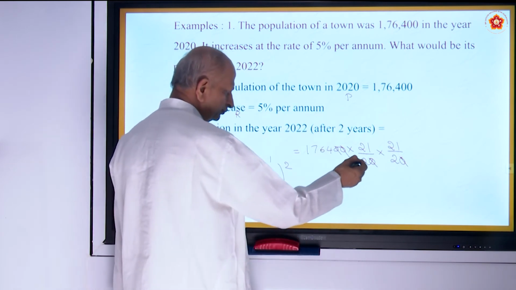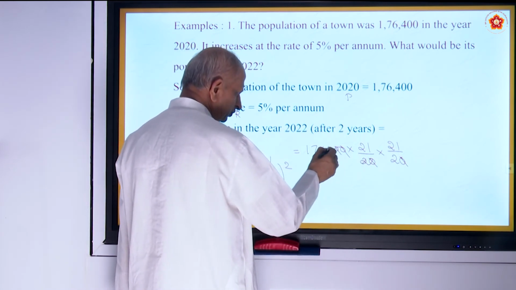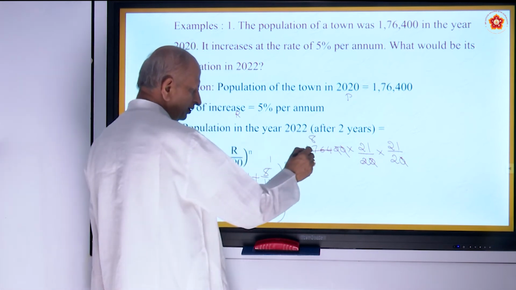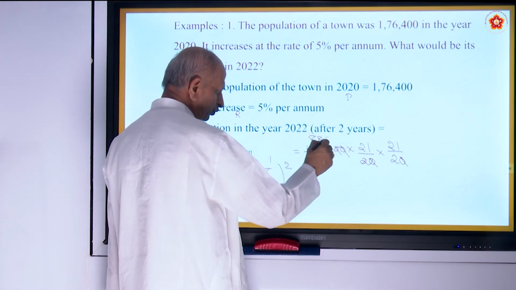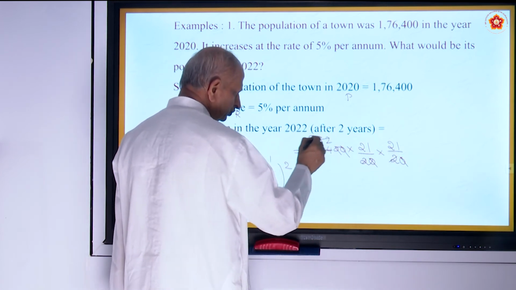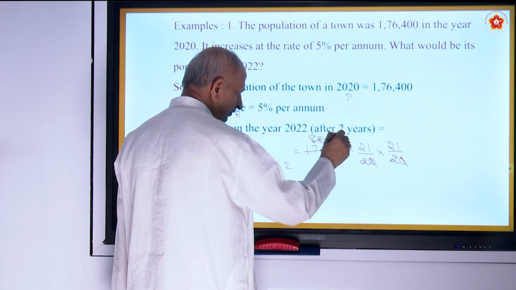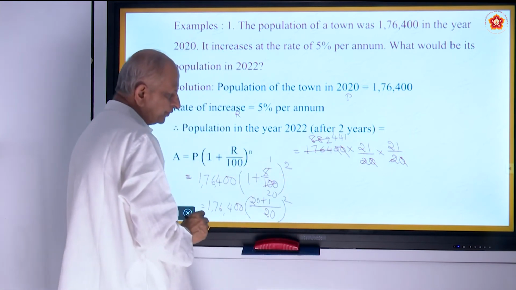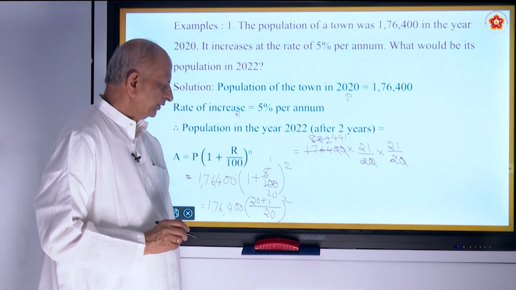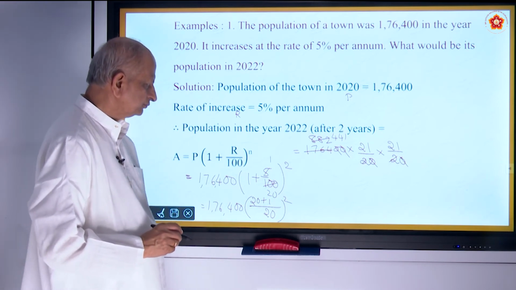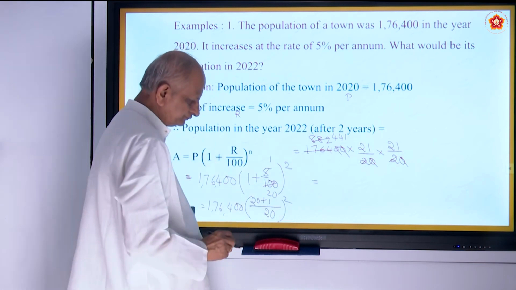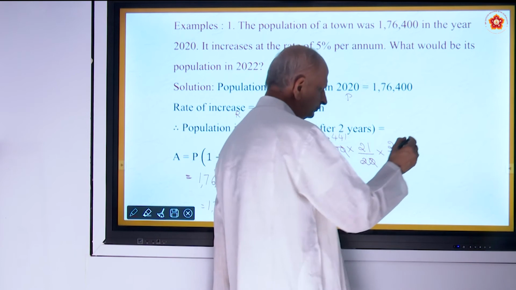Then you have 2 ones are 2, 18, 8 2s are 16, and so on. Again take the 2. This is 441. 441 is 21 square, so 21 to the power of 4. That is 441 into 441. You have to calculate.